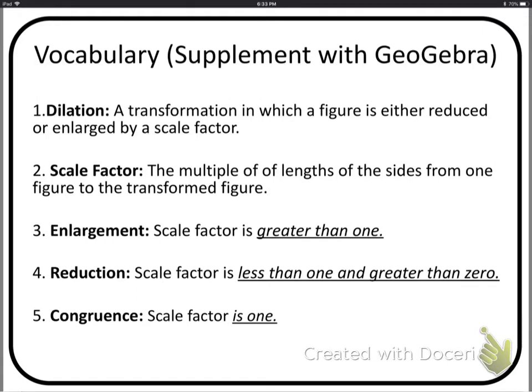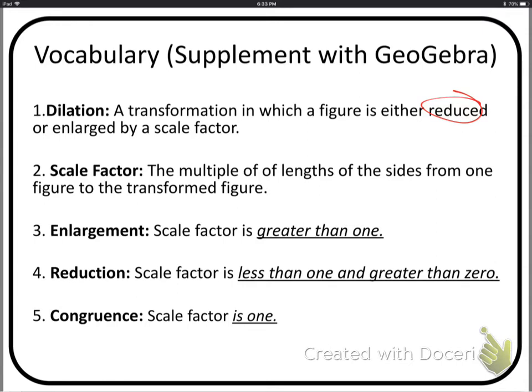The father makes a shrink ray and shrinks his children. Now this shrink is considered a dilation, so it's a reduction. They're reduced. They maintain the same shape, the same exact proportion, but they're smaller. So that's what we're looking at when we're talking about dilations.